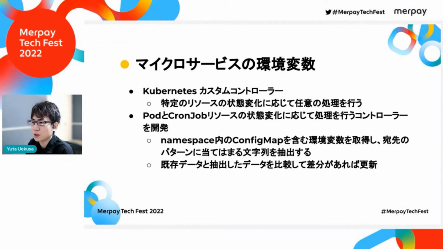Specifically, pods and cron jobs are specified as resources handled by the custom controller, and the reconciliation process acquires environment variables, including the config map in the namespace. From the retrieved environment variables, strings that apply to the destination pattern are extracted and stored in the database.